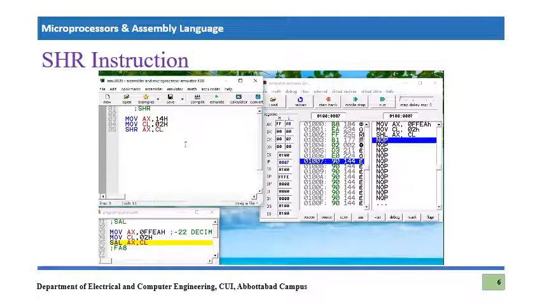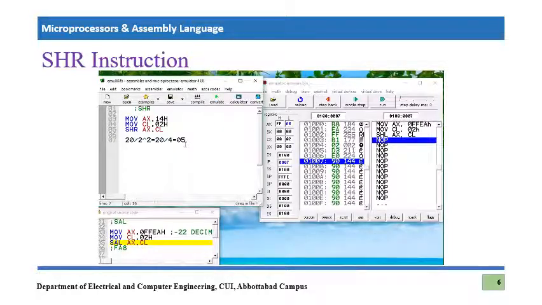So 20 divided by 4 would become 5, because 20 is our number and 2 power 2 is the count. That means 20 divided by 4, which equals 5.